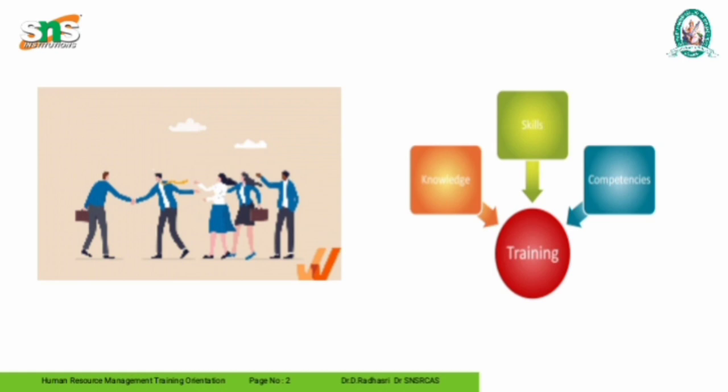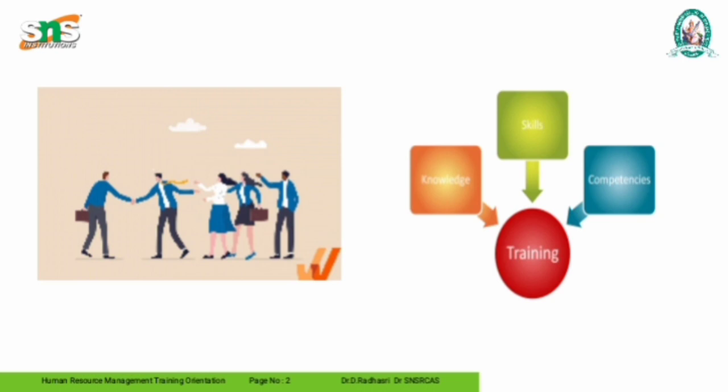Now the alternatives to orientation. There are many alternative orientations. One alternative is onboarding, which is the process that helps a new employee become part of a company. Onboarding typically includes orientation, but may also include training, social activities and mentoring.